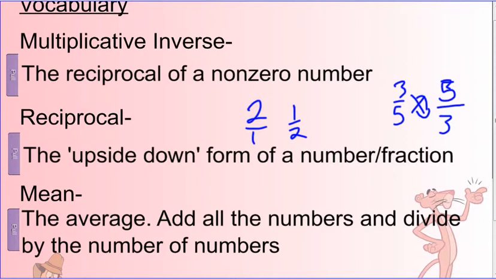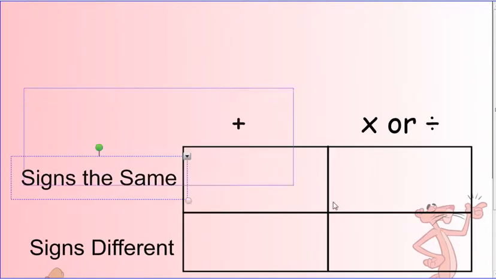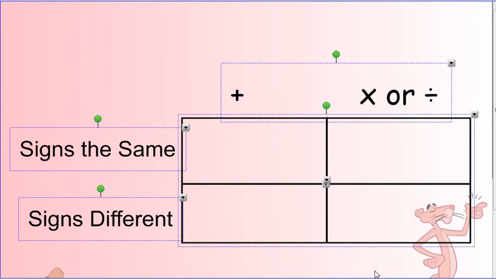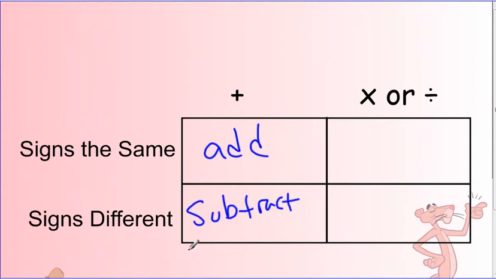And the other thing in our vocabulary box is the integer rules. If you could take a second or so and fill these out to the best of your knowledge, you should be able to fill out everything. So when we are adding, if the signs are the same, you add. If the signs are different, you subtract, and you keep the sign of the bigger number.